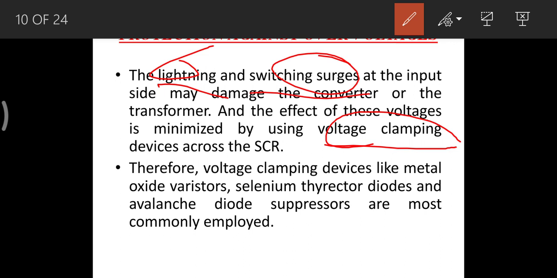These voltage clamping devices, like metal oxide varistors, selenium thyrector diodes or avalanche diodes, are the most commonly employed as voltage clamping circuits.